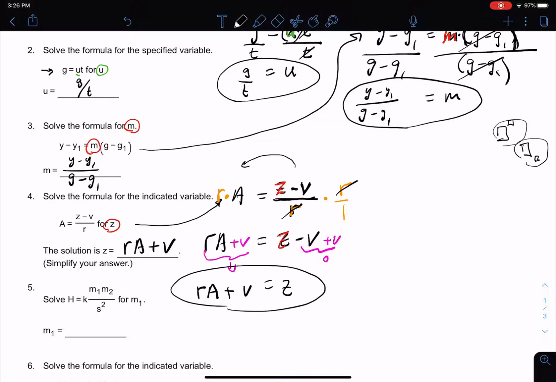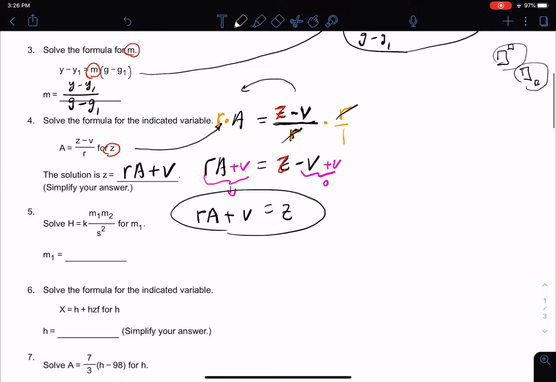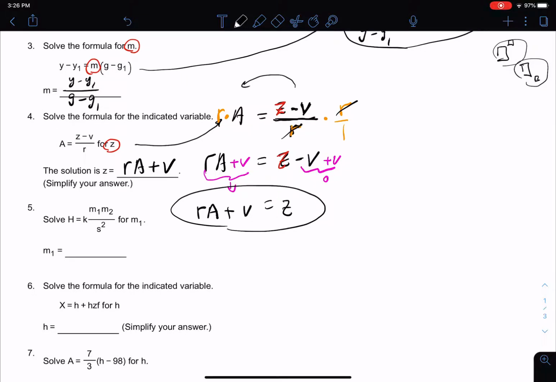Okay, something to mention, I think at least, and that is there is a convention or a guideline now that when you have two variables being multiplied, you may want to put them in alphabetical order.